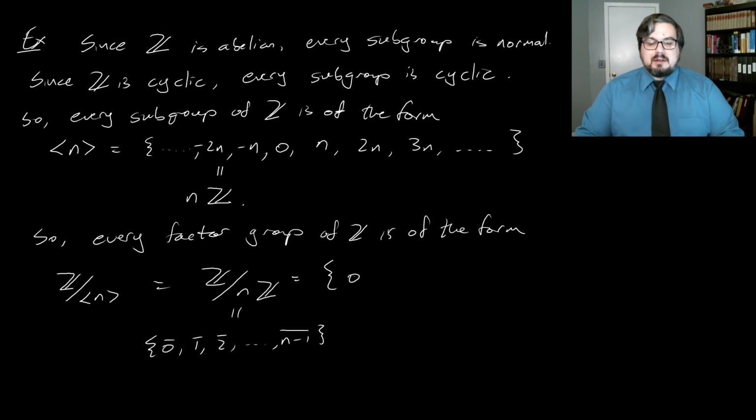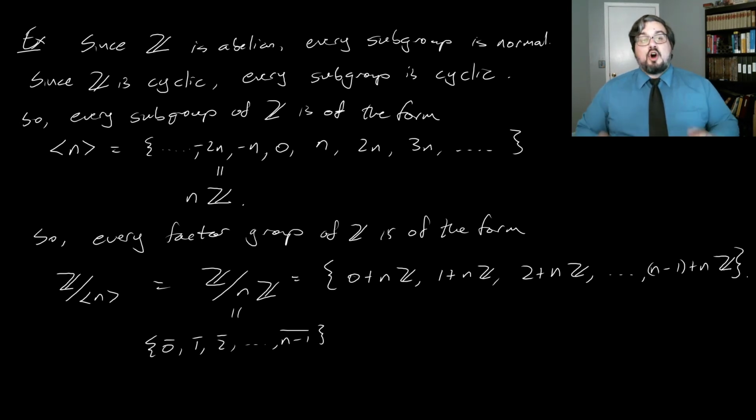We could also write these down as 0 plus nZ, 1 plus nZ, 2 plus nZ, and so forth, up through n minus 1 plus nZ. We could also have written the group this way. So the notation that we had before, the Z mod nZ, really was used because the groups that we're looking at there are truly factor groups. They're factor groups that we were using a slightly more efficient notation for, but they are in fact simply factor groups.